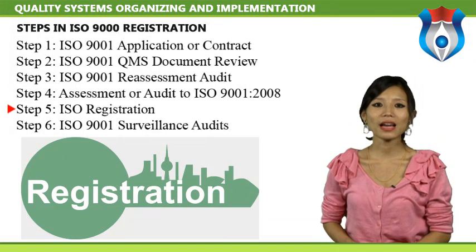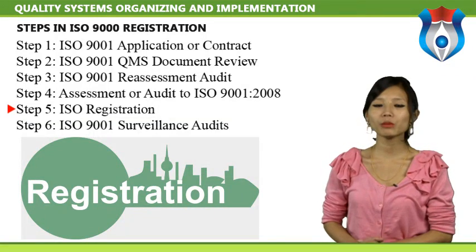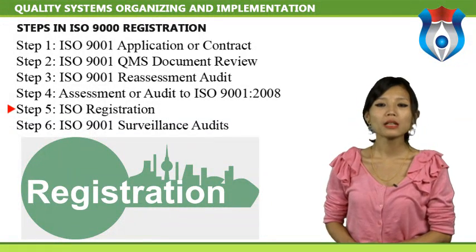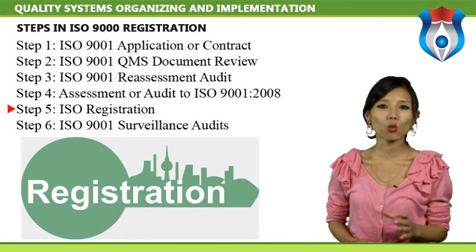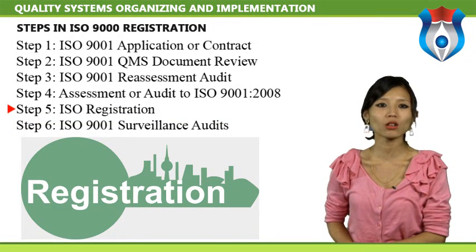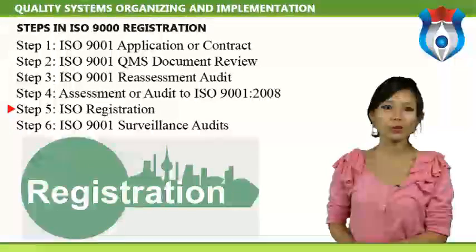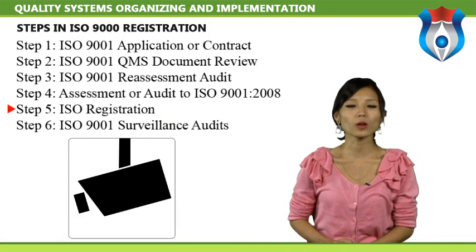Step 5. ISO registration. After the audit and report are completed and all non-conformities are addressed as appropriate, the company will receive a registration certificate that identifies the quality system as being in compliance with ISO 9001-2008. Step 6. ISO 9001 Surveillance Audit.